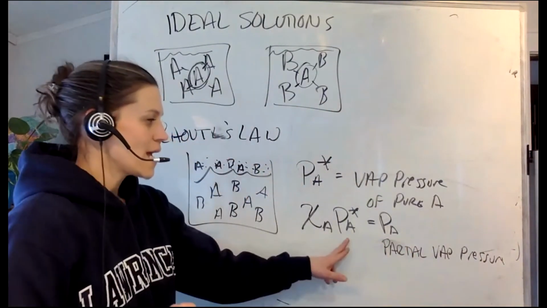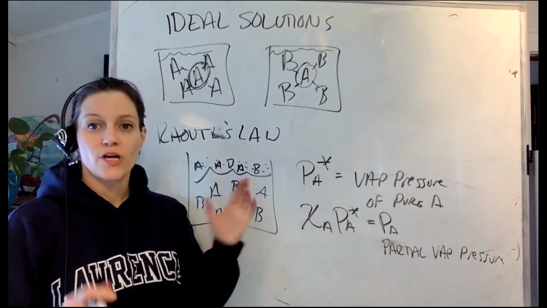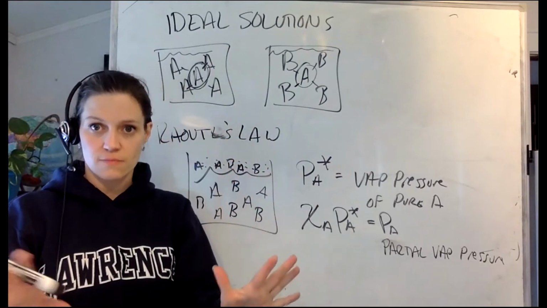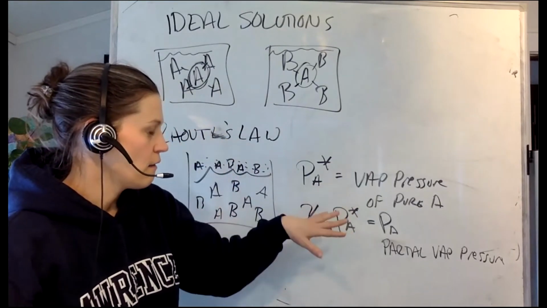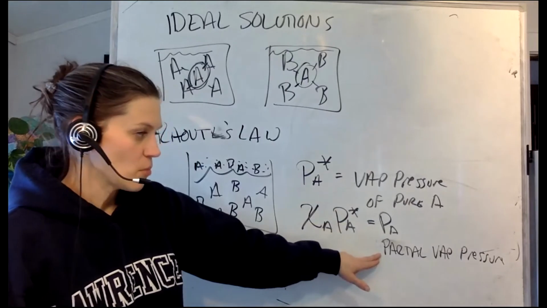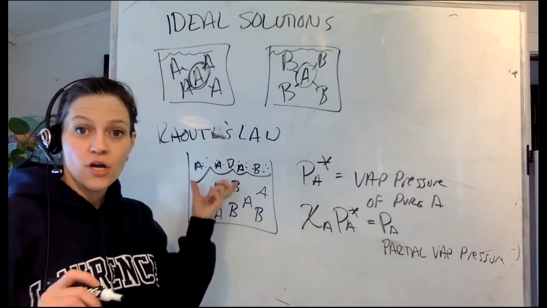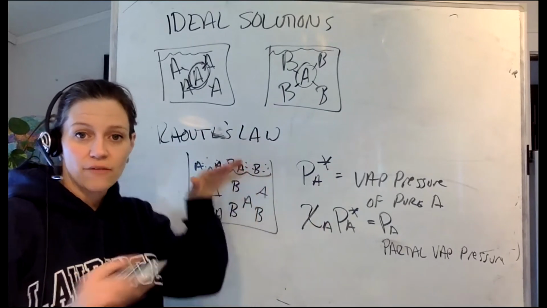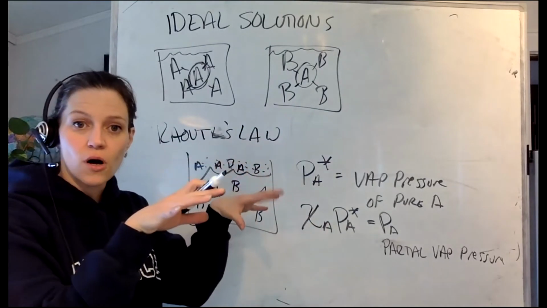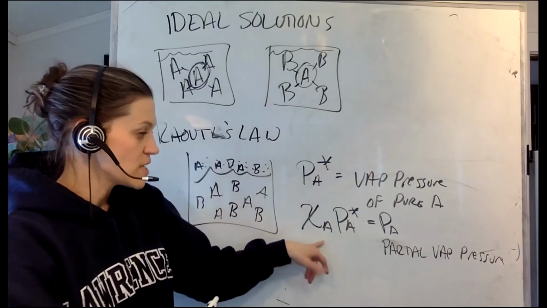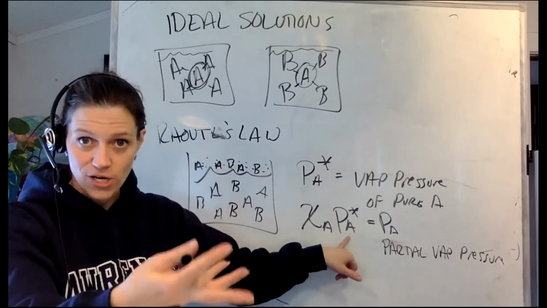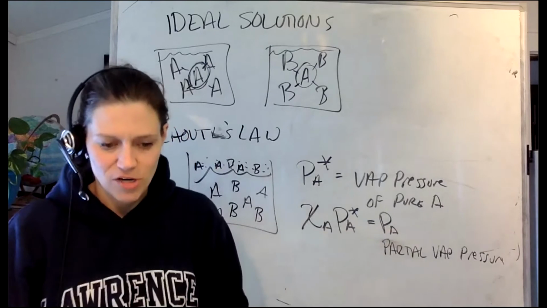So PA star represents the vapor pressure if it was just the pure system, just pure A. But then the partial vapor pressure is now PA star times the mole fraction. So out of all of the moles that you have in the vapor phase, how many of them are A, that percentage multiplied by the pure vapor pressure would be your partial vapor pressure.